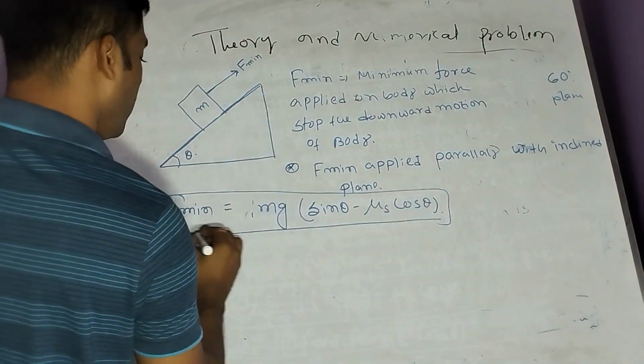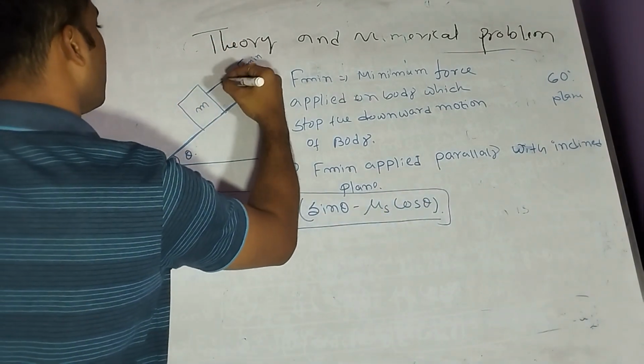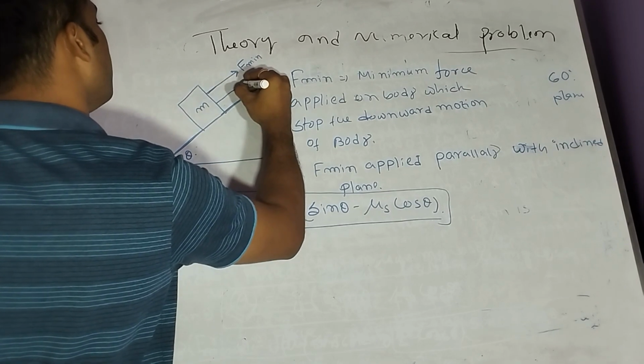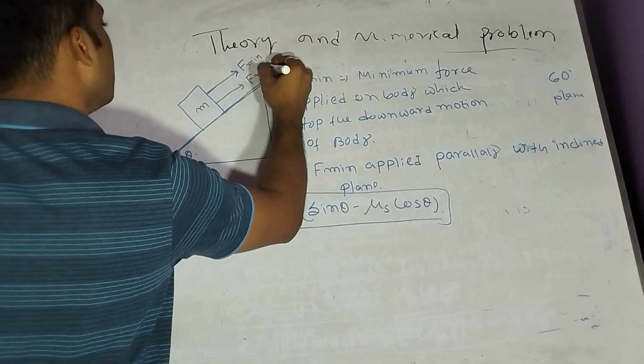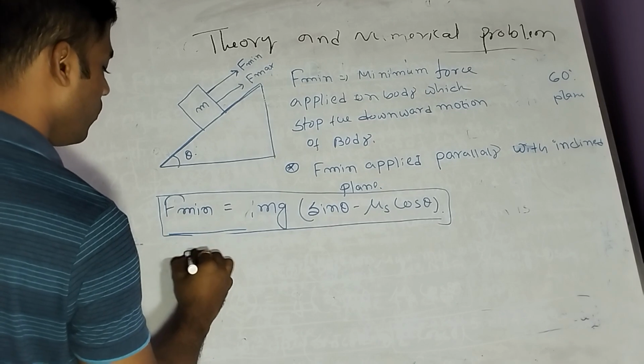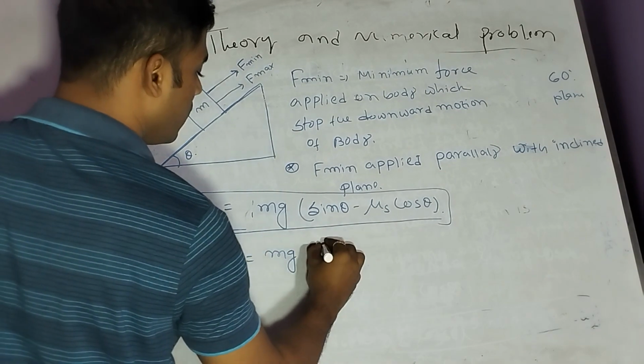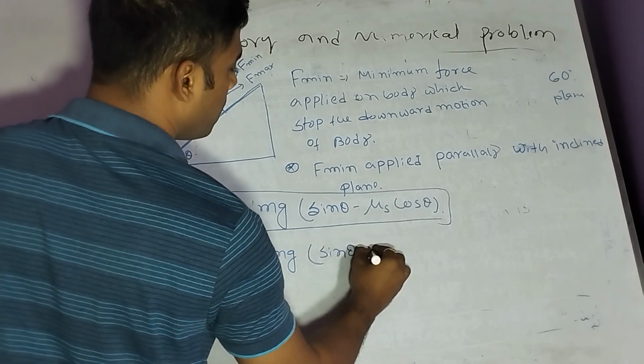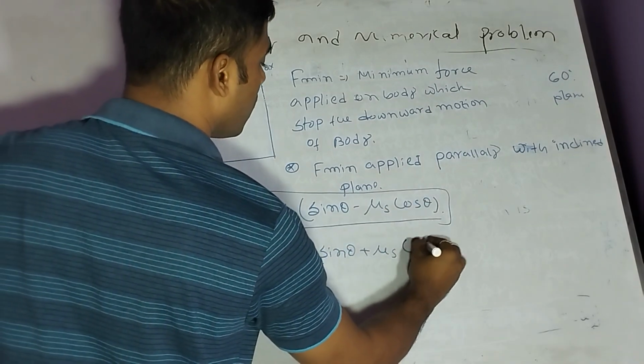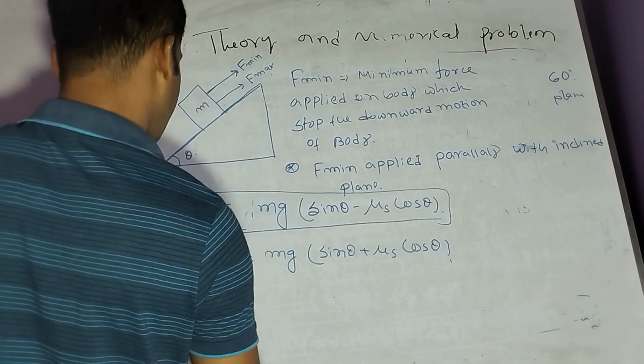And another force is applied, the maximum force, F max. What is the F max value? F max equals mg (sin theta plus mu s cos theta). This is the F max value.